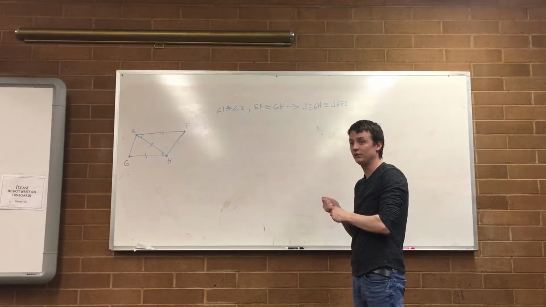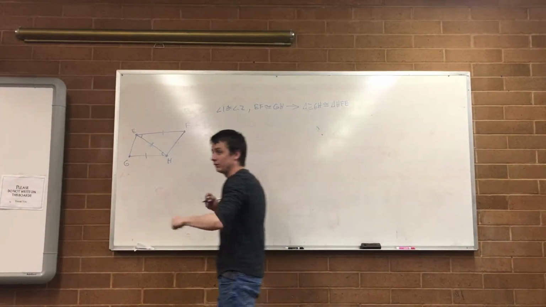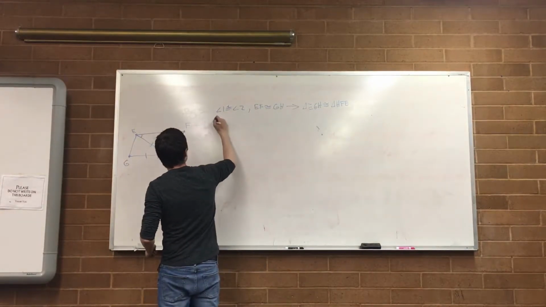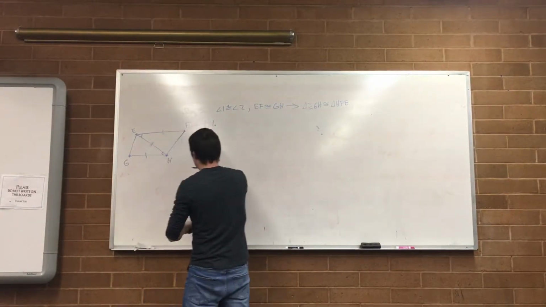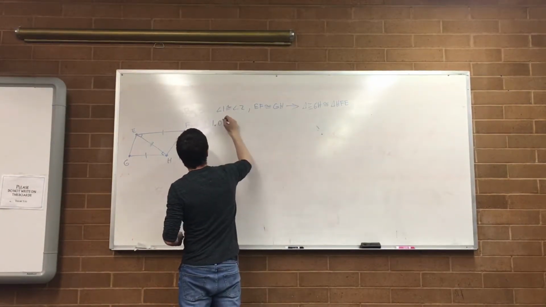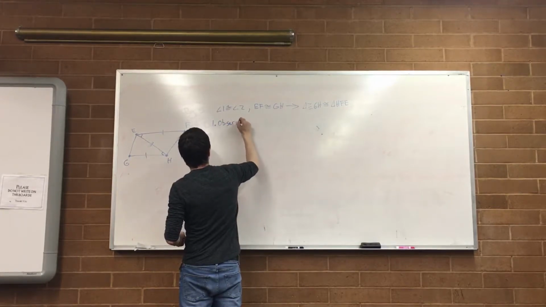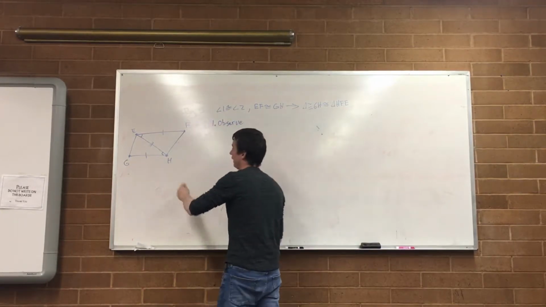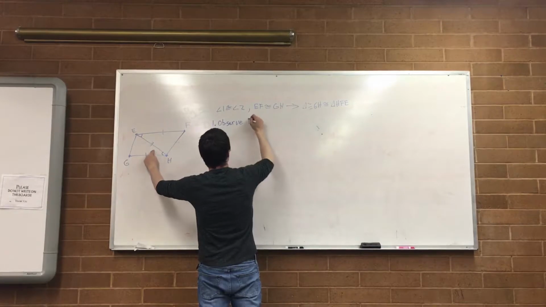Do we need any explanation on there? Should we write it out? Alright, let's give explanation. So, observe, the only added fact we needed is that EH is congruent to EH.